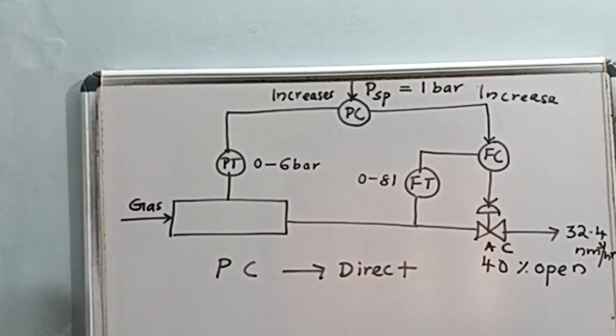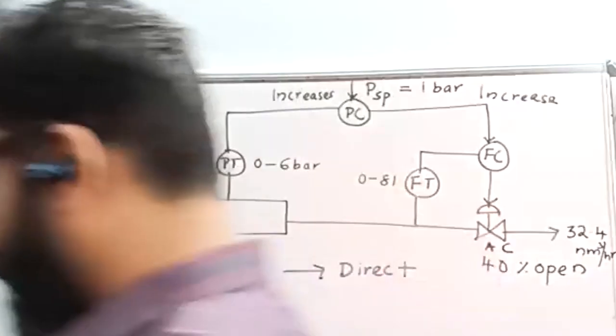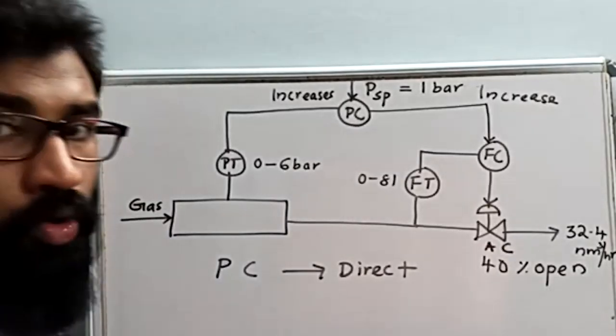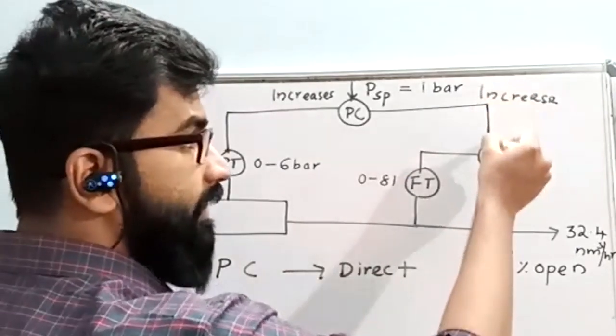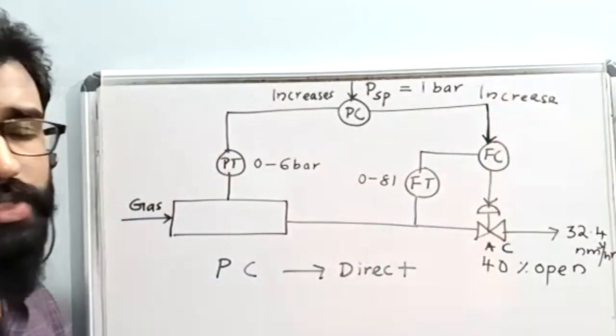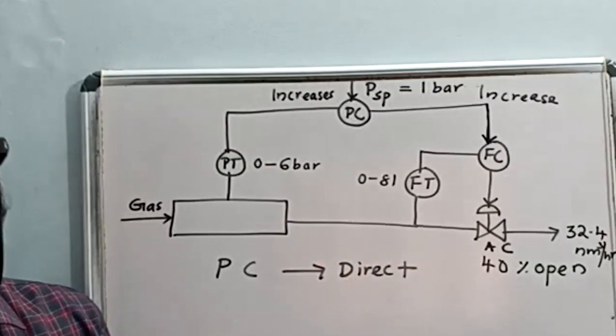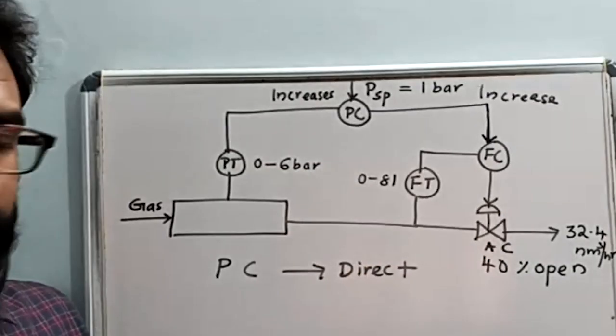So direct acting for the pressure controller. Now, what about the flow controller? The flow controller is getting an input, increase the flow. So it will think, how can I increase the flow?